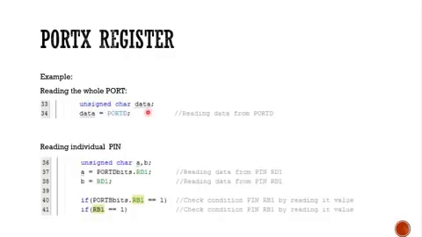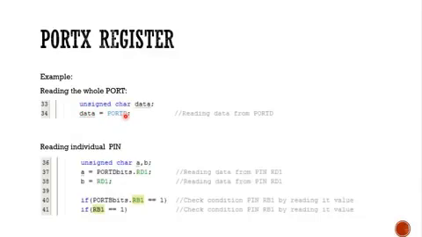So first one, we refer data as a character, unsigned character. So data means positive value, unsigned data need to be positive, and the number here, okay, number is up to 255 or 8 bit. Okay, so this means that the value from port D need to go into data.